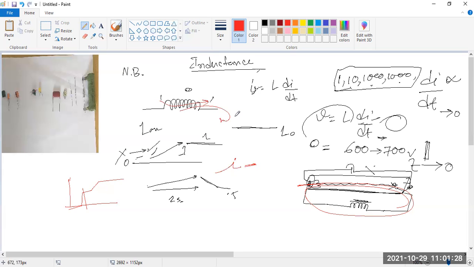Okay, another property: the inductor can store a finite amount of energy in the form of changing current per time, even if the voltage across the inductor is 0.